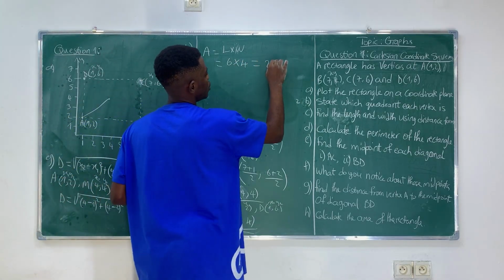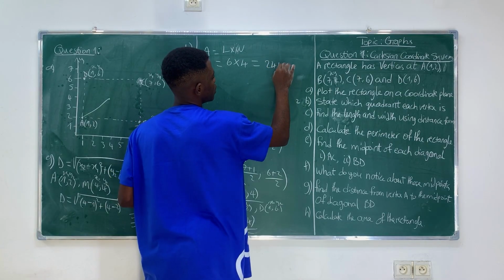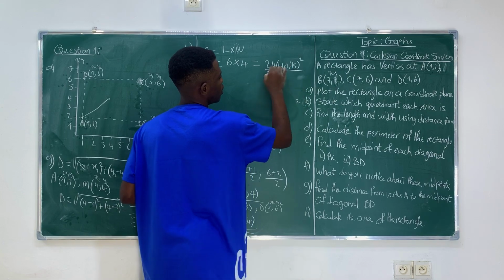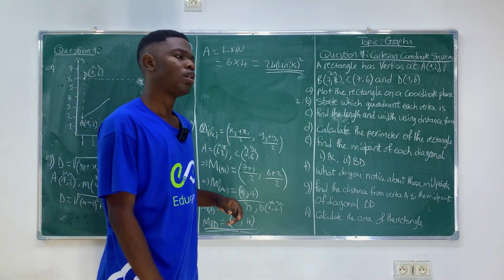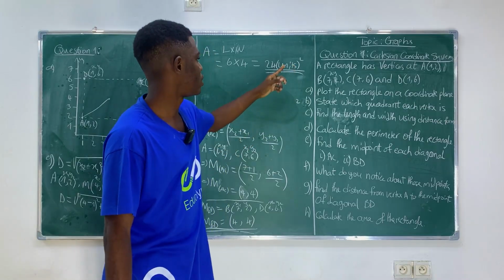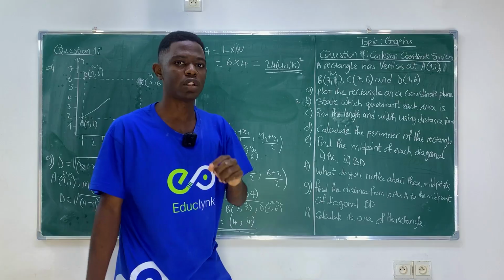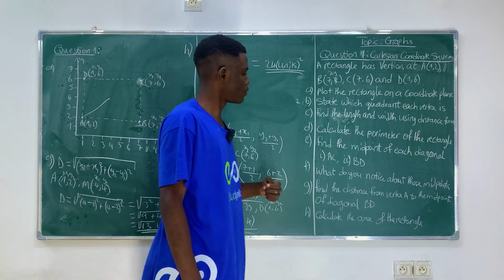So that's 24 square units. Since both of them are measured in the same unit, it is square units.